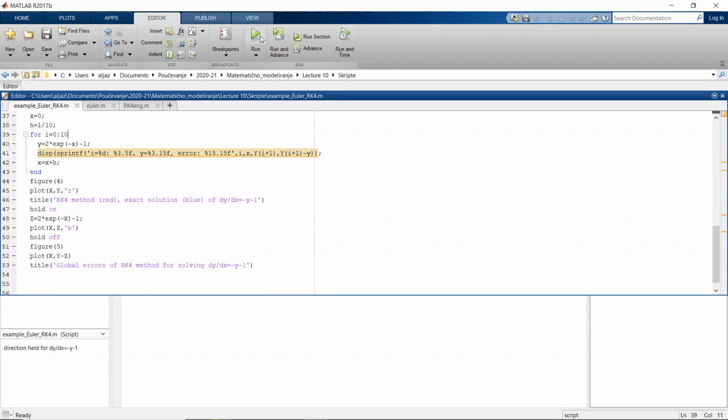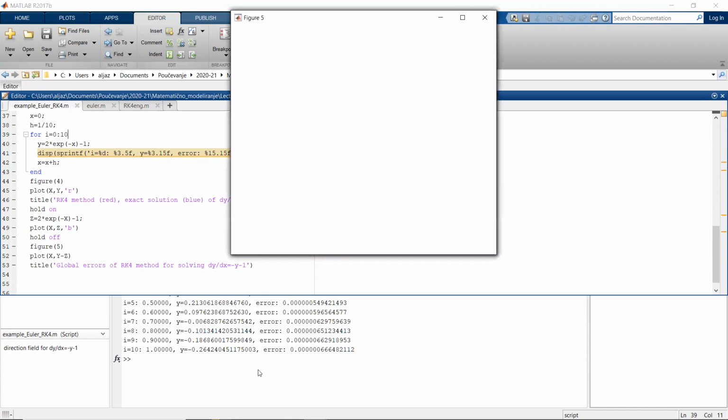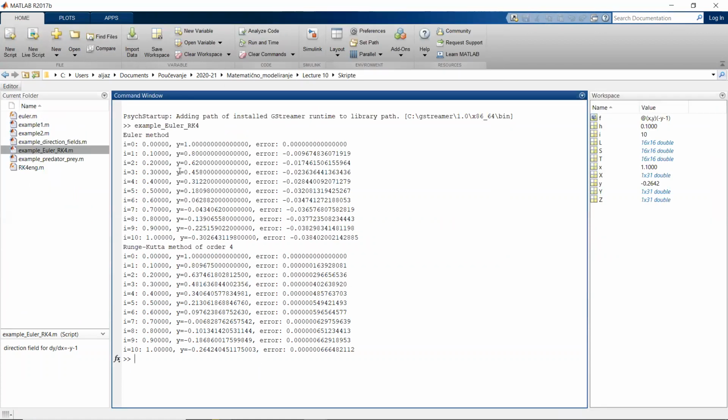So let's run this example. First, here we have the solutions. We start at the point x equal to 0, and the initial point is y equals 1. At the initial point, of course, the error is 0. Then we do step size 0.1. We compute by Euler's method a new approximation for y, and we get 0.8. Since we know the analytic solution to our equation, we can compute the error.